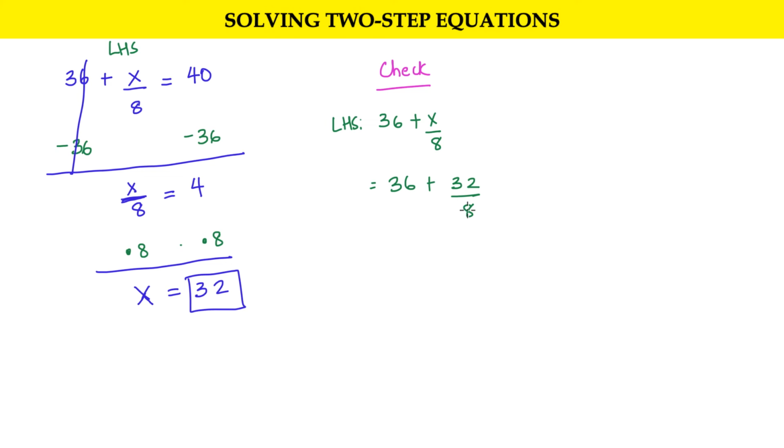And for 32 over 8, we're not going to do the adding first, we're going to do the division. So 32 over 8 is 4, so that's 36 plus 4, which is equal to 40. And the right-hand side is also 40. That means our answer for x is correct.